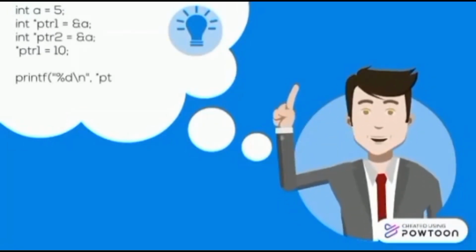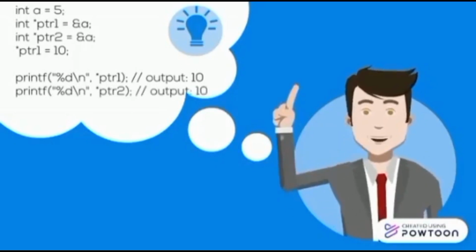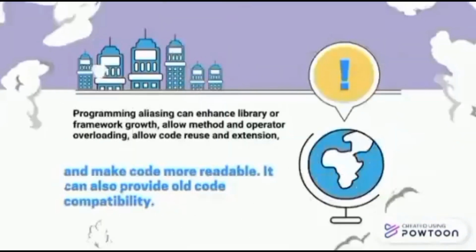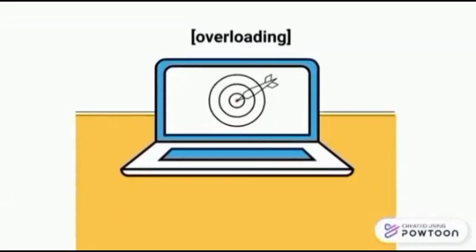The memory location where it's stored is pointed to by two separate pointers, ptr1 and ptr2 respectively. In programming, aliasing can enhance library or framework use, allow method and operator overloading, allow code reuse and extensions, and make code more readable.